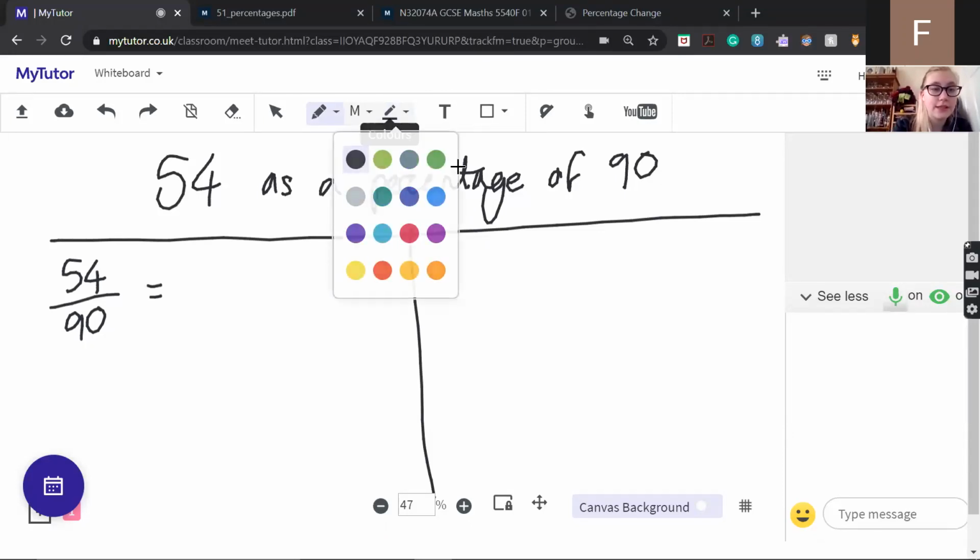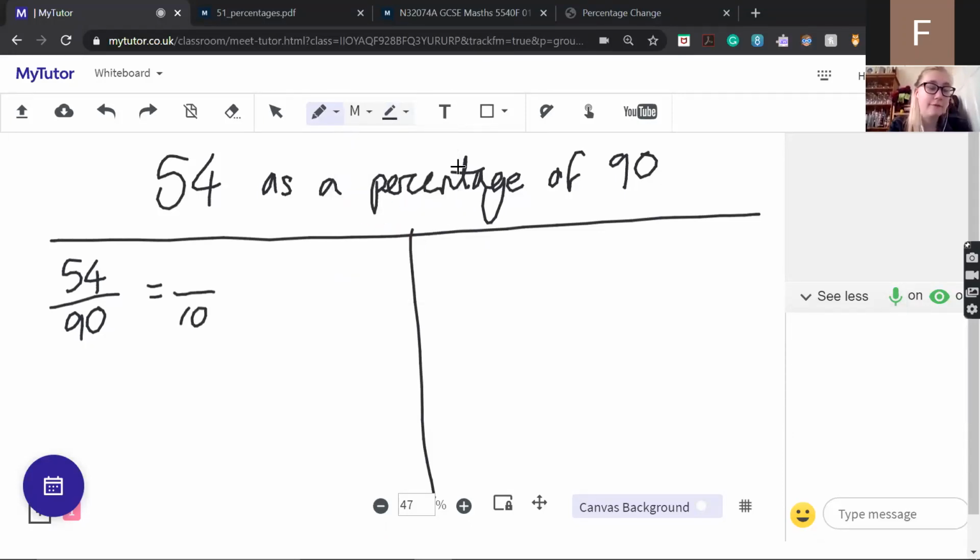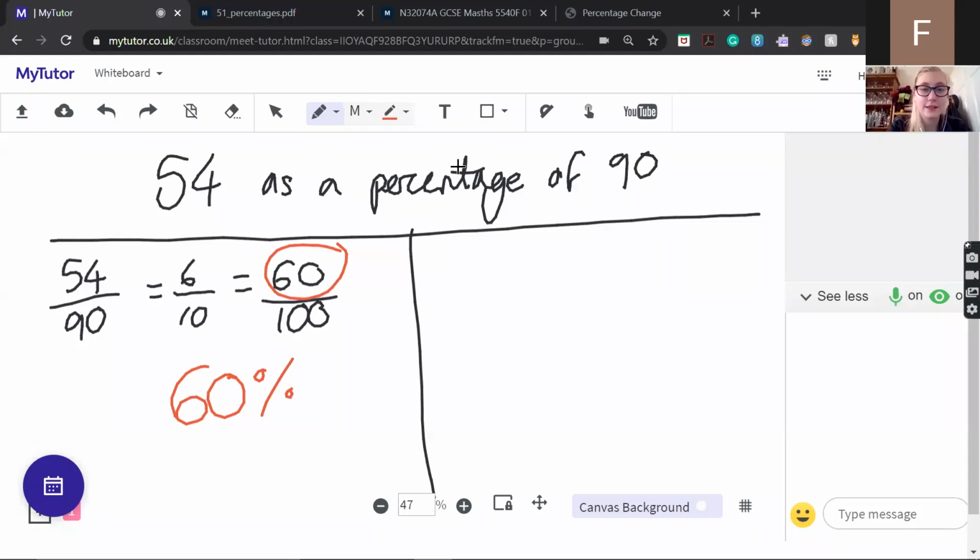So I can say that this equals something over 10, and 54 divided by 9 is 6. So 54 divided by 90 is the same as 6 divided by 10. If we multiply the top and the bottom by 10, it's the same as 60 out of 100. And now, because we have something out of 100, it's this percent. So we get 60%.